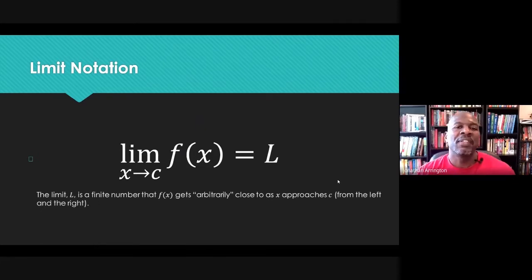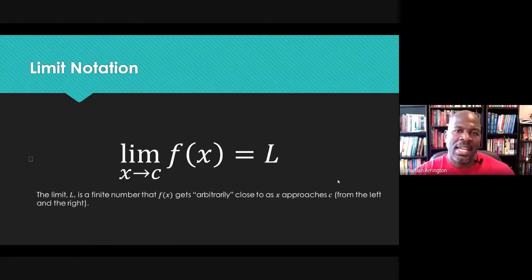If the limit exists, the finite value that f of x approaches has to be the same finite value as x approaches c from the left of c. That means values which are less than c. You have a number line, and numbers to the left are less than numbers to the right.